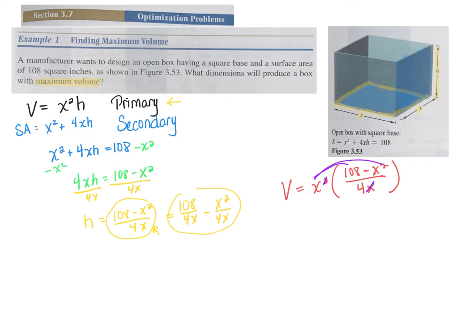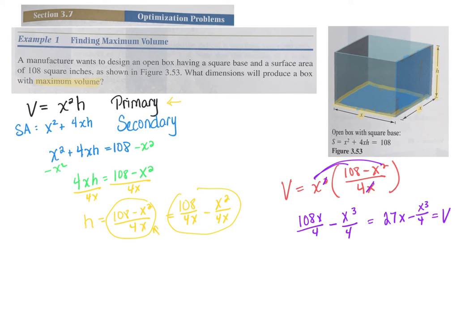So if you had broken it up at first, that would be fine. I'm going to distribute that 108x over 4 minus x cubed over 4. And I'm actually going to simplify this guy too. So I get 27x minus x cubed over 4. And that is my volume.